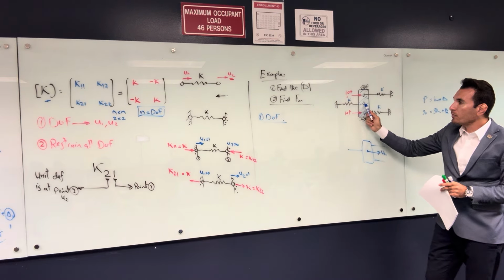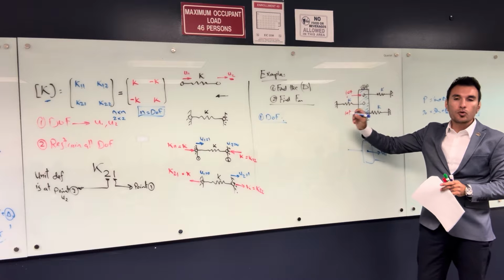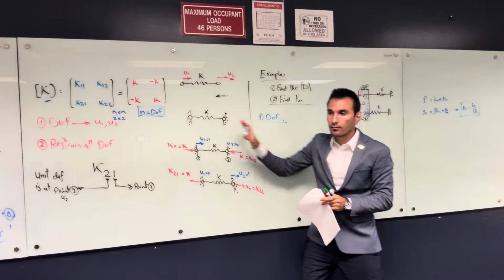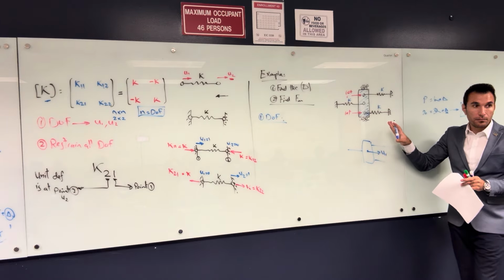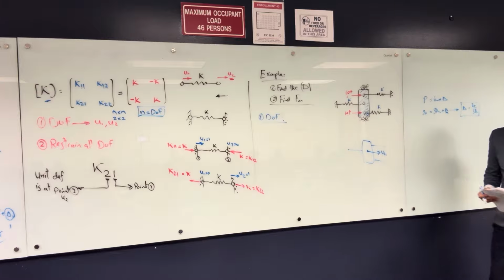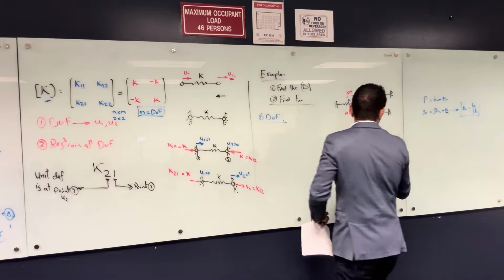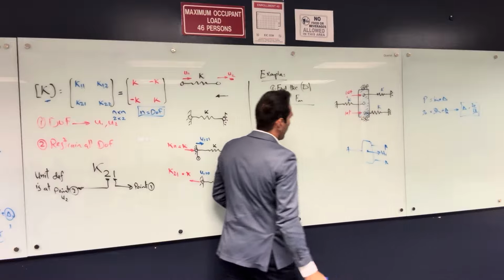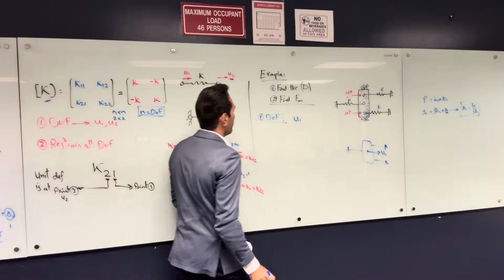Here it's free from this end, but it's not free from this end. So we will find a way to make this fit into this. Right now, we are in structural degrees of freedom, not member degrees of freedom. So the structural degrees of freedom here is U1 in this direction. Okay, so I have U1.